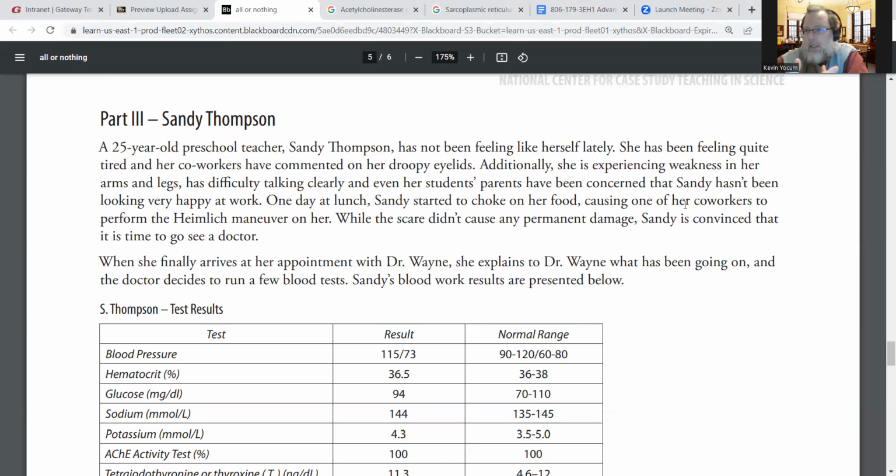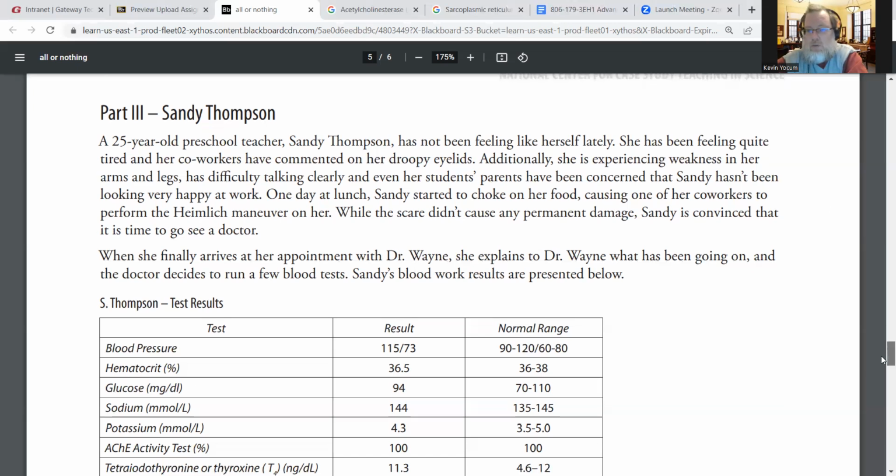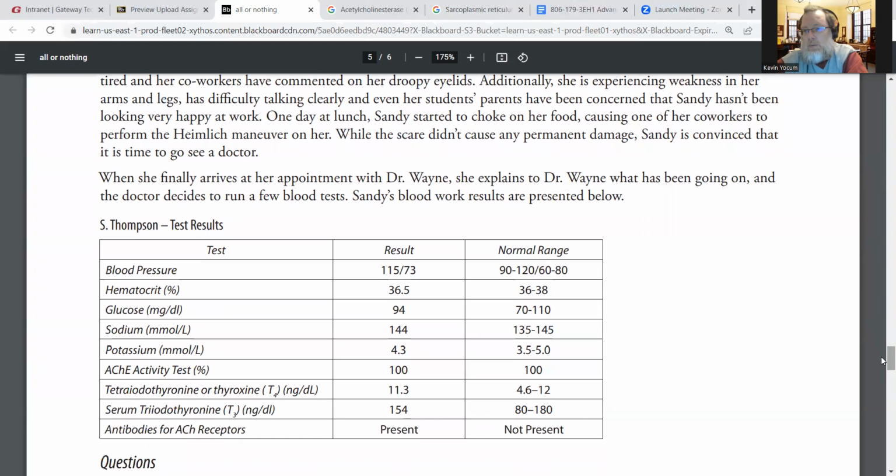Again, swallowing not functioning. So we obviously have some neuromuscular issues with Sandy, and they're looking systemic, meaning they're affecting multiple regions of the body. They're not isolated to just her face or her head or her throat. She's having arm and leg issues as well. So we need to get Sandy in.